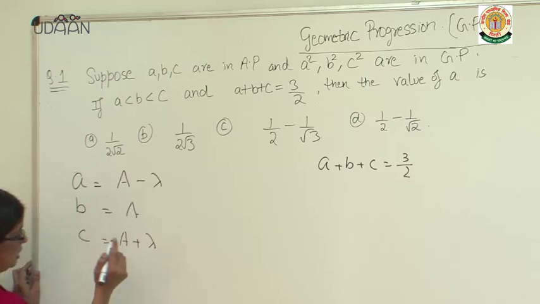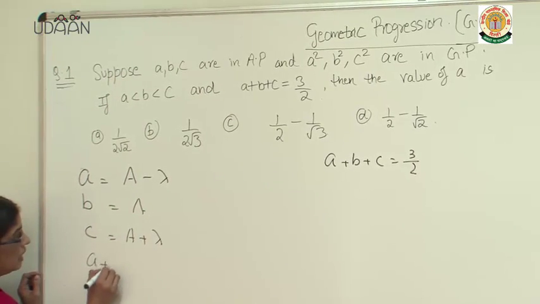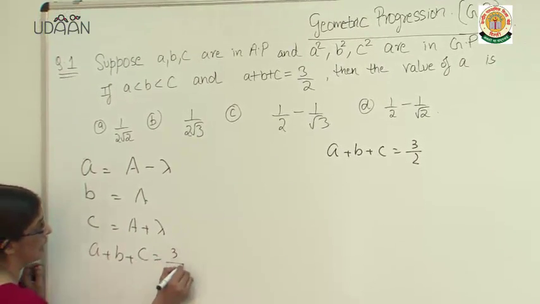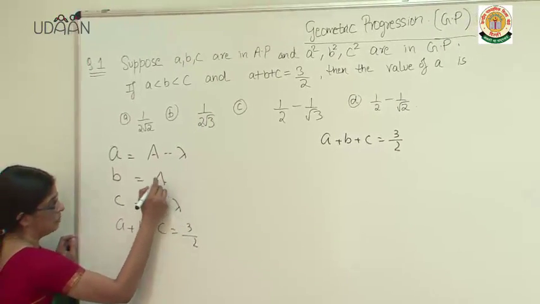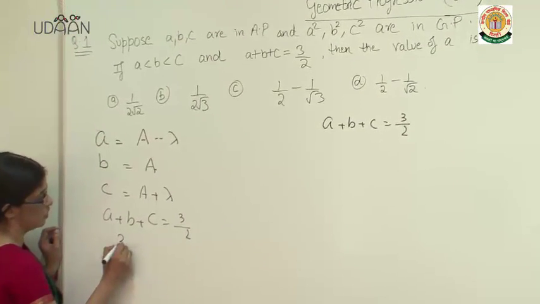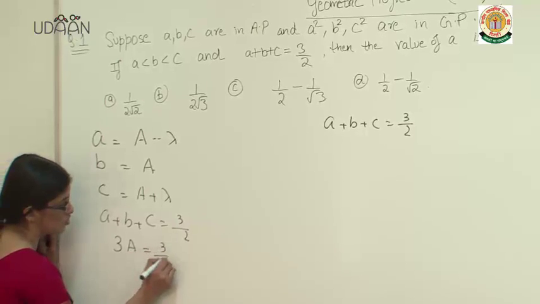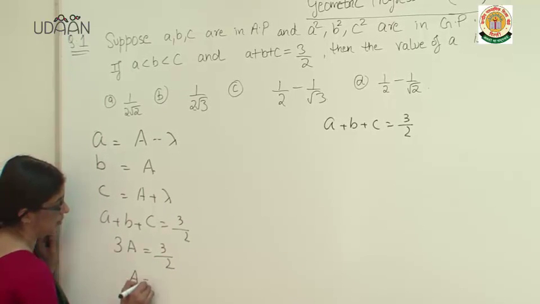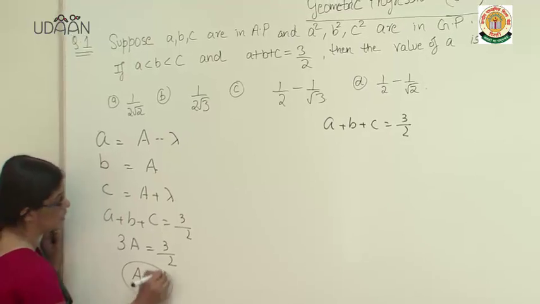Put the values in the given condition a plus b plus c equal to 3 by 2. This gives 3a equal to 3 by 2, which implies a equal to 1 by 2.